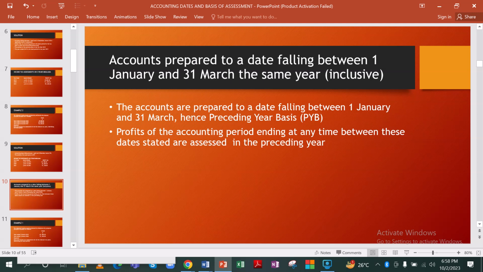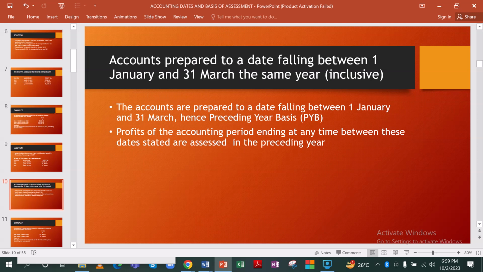When this situation arises, the assessment will be on the basis of preceding year basis.